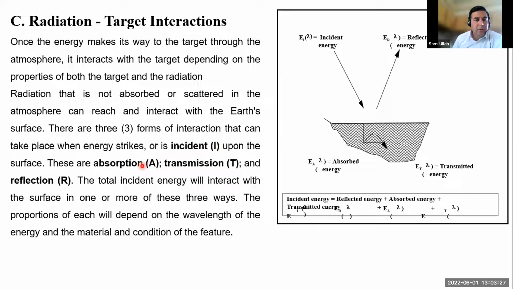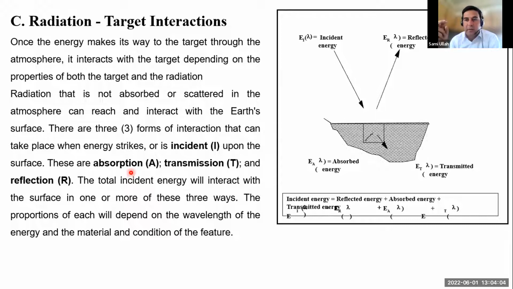On the ground, the electromagnetic radiation is either absorbed by different objects on the surface of the earth, or passes through those objects, or is reflected from the object. What remote sensing experts actually use is the reflected, bounced-back electromagnetic radiation from the surface of the earth.